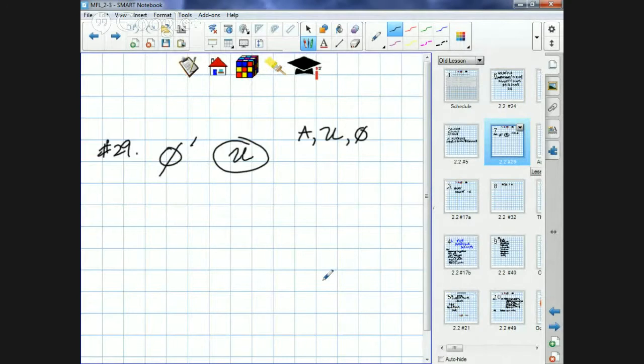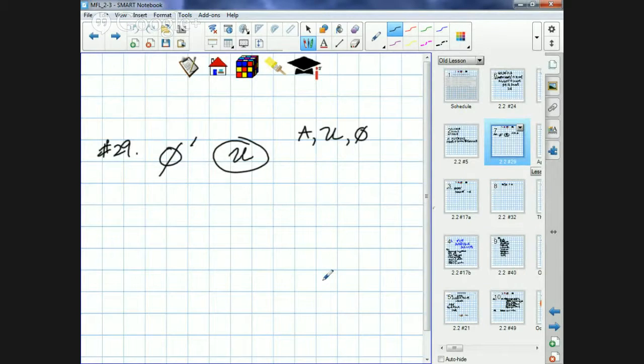In each case, find the indicated set in terms of A, universal, or the empty set alone. Right. So for 29, the empty set. What it's saying is, what's the complement of the empty set? It would be everything that's in the universal set, correct?